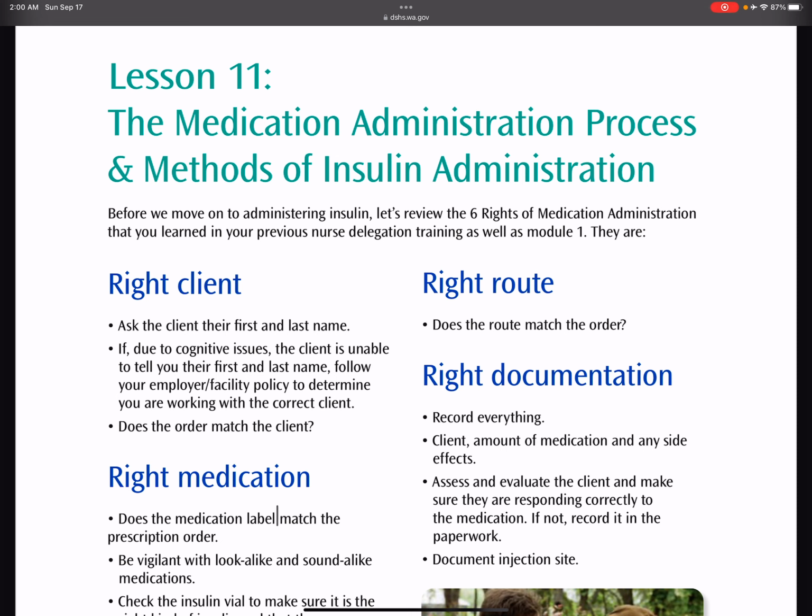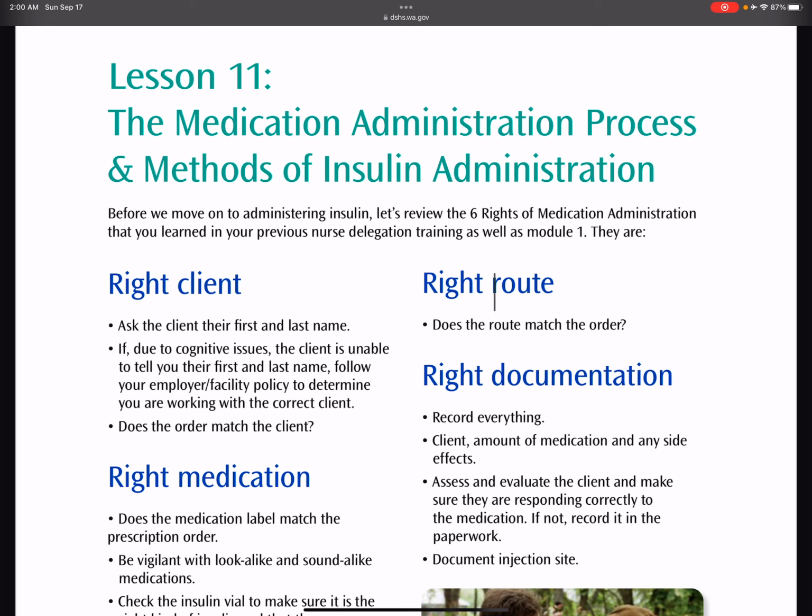Second is the right medication. Does the medication label match the prescription order? You have to be vigilant with look-alike and sound-alike medications. Check the insulin vial to make sure it is the right kind of insulin and that there are no clumps or particles in it.